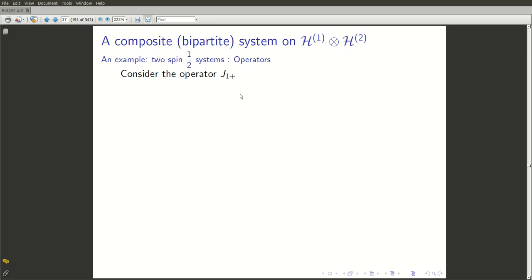What we actually mean when we write J1 plus is a direct product operator J1 plus ⊗ I2, where I2 is the identity operator acting on the second Hilbert space. So what we have here is a real and genuine operator acting on the composite space: J1 plus on the first space, identity on the second.